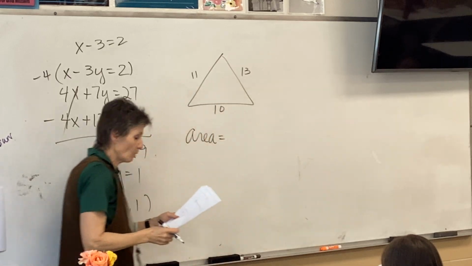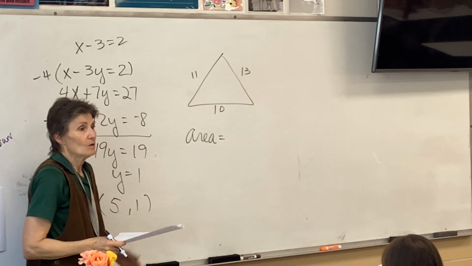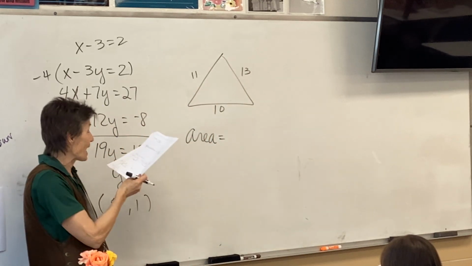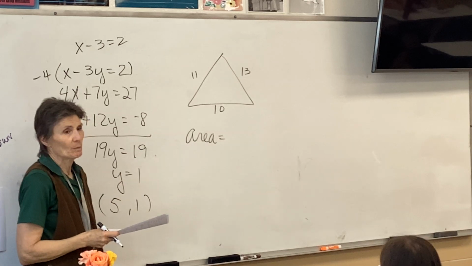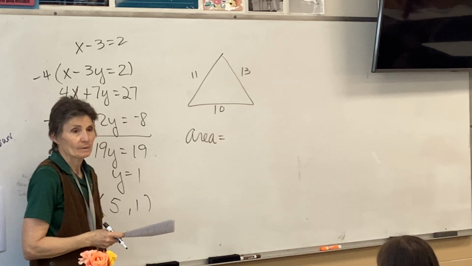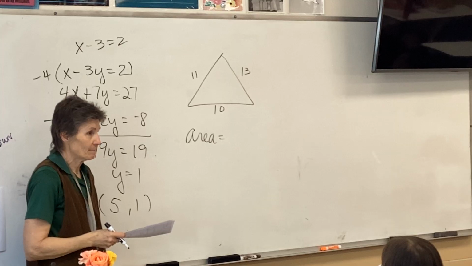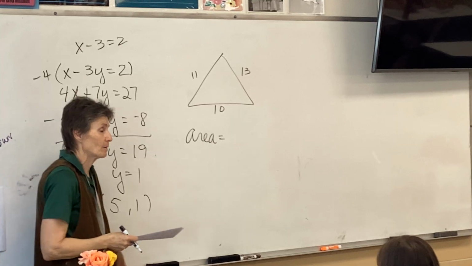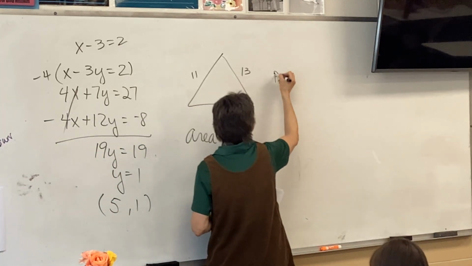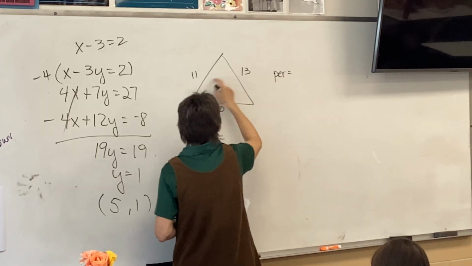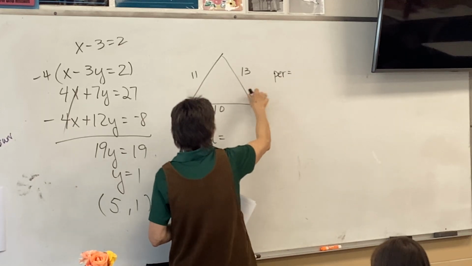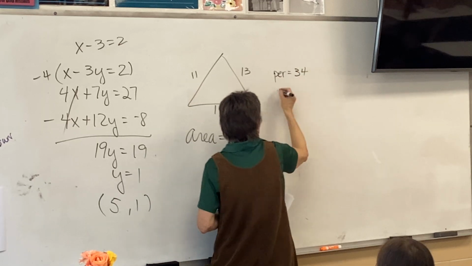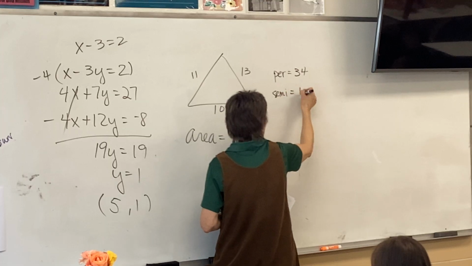This is 9A. Who remembers what we do when we have that situation and we want the area? Add them up and divide by 2. Find half the perimeter. So the perimeter is 34, so the semi-perimeter is 17.